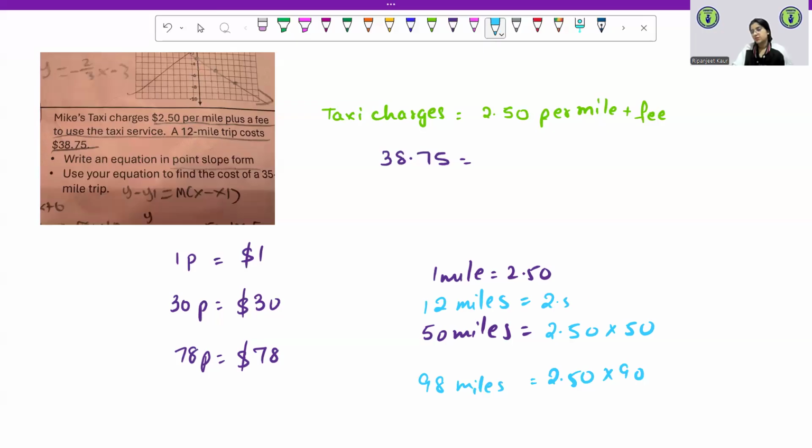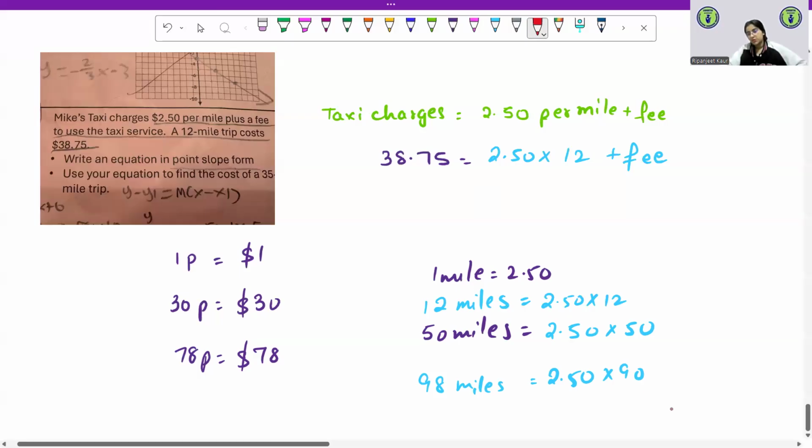Correct. So 2.5 times 12 plus there is some fee we don't know about, right? Any question in any part of how something came? No. Okay. Let me put this aside.